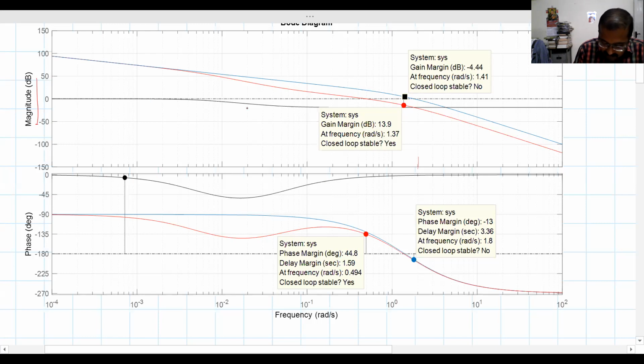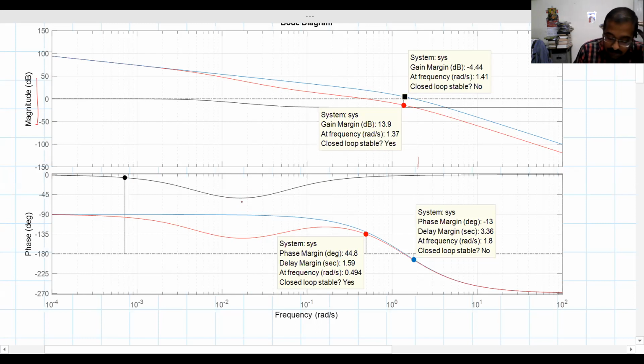Then onwards it is a straight line at minus 20 dB per decade, and then onwards it is a line at minus 20 log alpha, parallel to the horizontal line. This difference is minus 20 log alpha. And this is the phase angle plot. At some particular frequency, the phase lag is negative maximum, and that frequency is omega m, which is the geometric mean of the lower corner frequency and upper corner frequency.